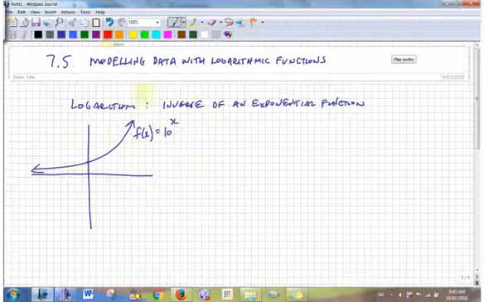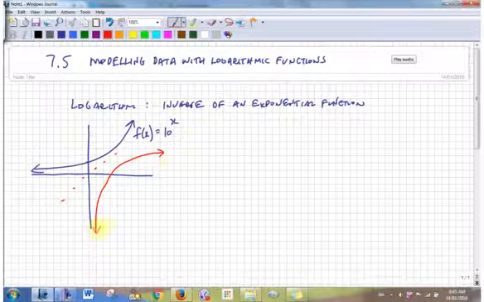If I take the inverse of that, which in pre-calc we know is a reflection over the y equals x line, what I get is something that looks like that. And that is a logarithmic function.